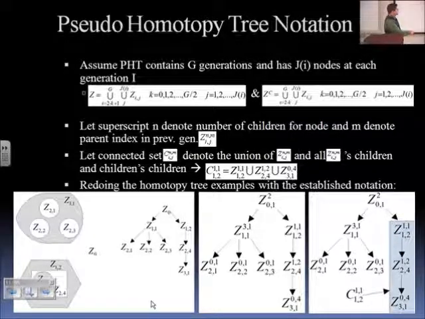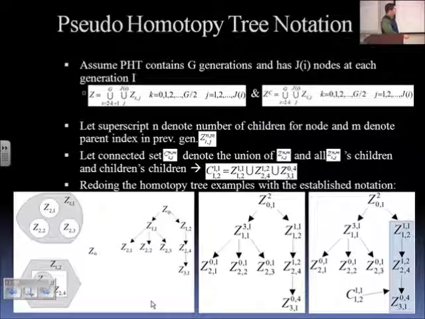These are some properties and some notation. Some other notation: I told you the subscripts. I corresponds to the generation index, and J corresponds to the node within that index. The superscripts we're introducing here: N corresponds to the number of children a given node has, and M corresponds to the node index of the parent of that connected set.